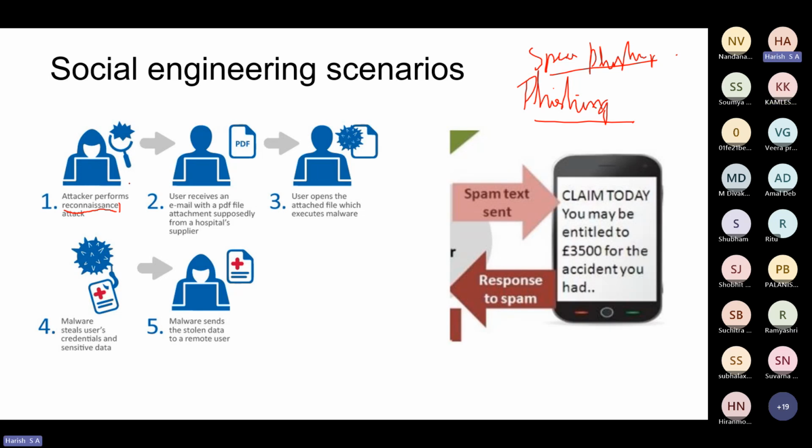Then you start looking into his life, what he likes, what he does not like, what he will respond to, what he won't respond to. Someone working in the defense area would be interested in words like security or missiles or army. How did you get this information? You gather it through reconnaissance.